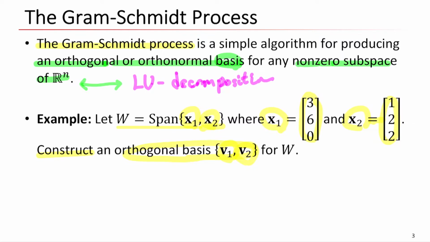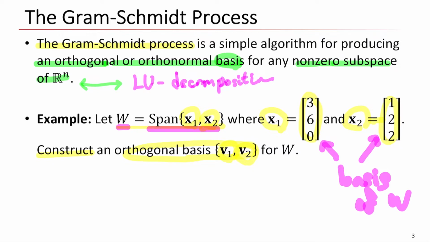First of all, x1 and x2 are a basis of W, because W is spanned by x1 and x2. But the question is to find an orthogonal basis, not just a basis, v1 and v2.